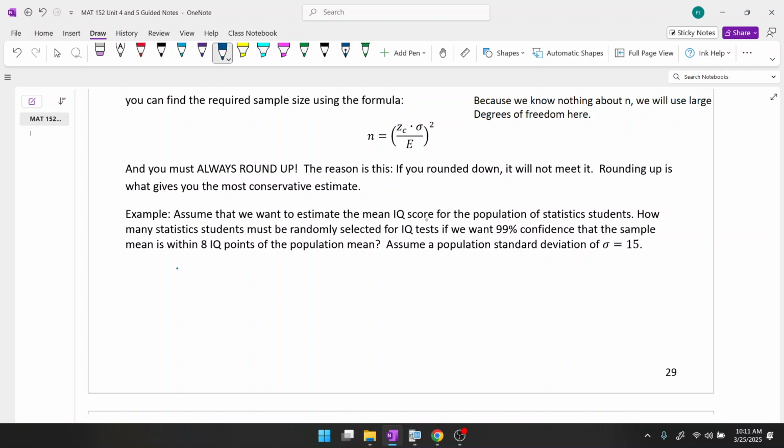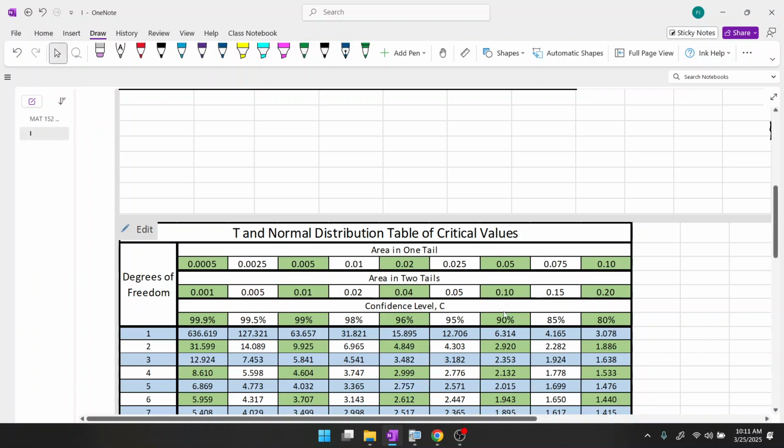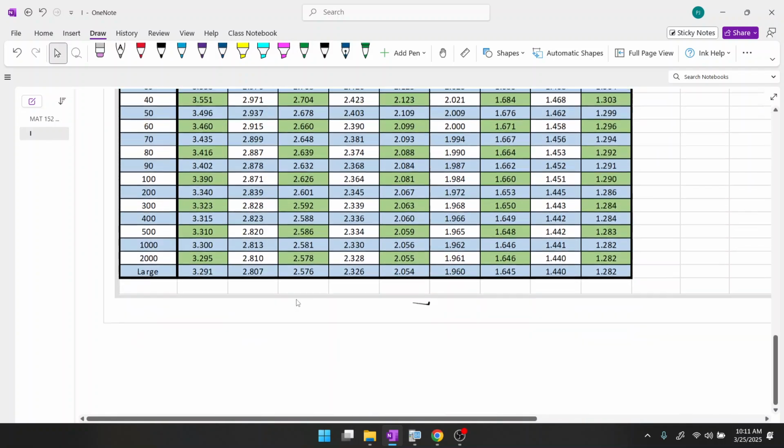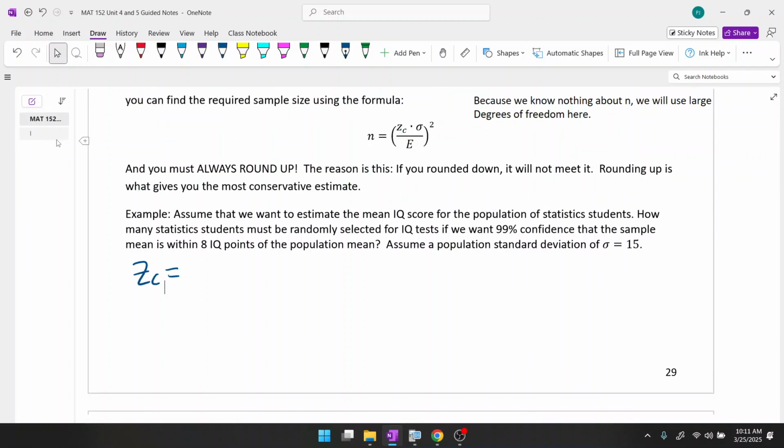Assume we want to estimate the mean IQ score for the population of stat students. We don't know what N is, but since we have 99% confidence, we go to 99% confidence and choose 2.576.